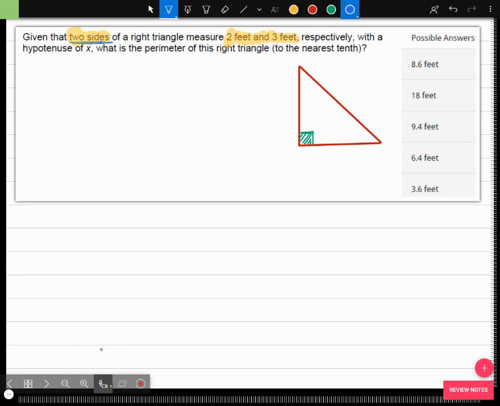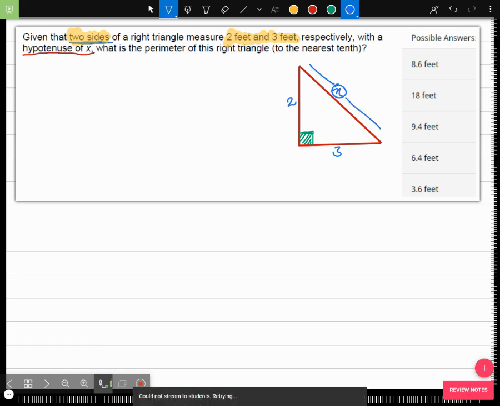Therefore, one is 2 feet, the other one is 3 feet. And the hypotenuse is given as x, therefore this is going to be x. Just now I explained how to find the hypotenuse.